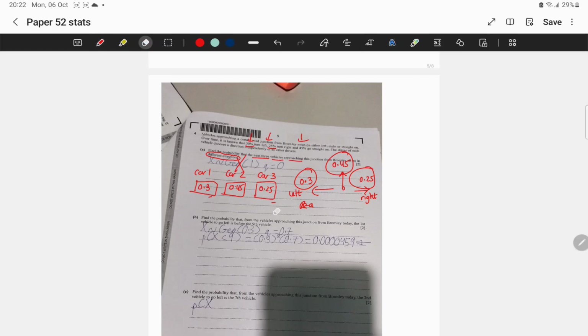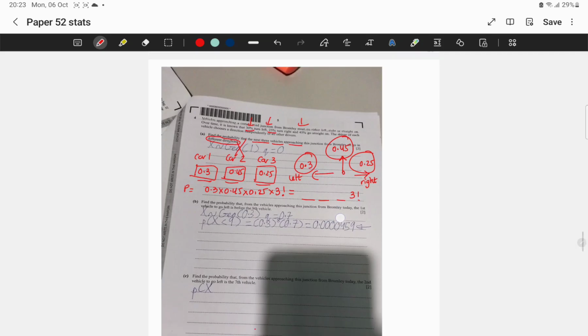This is actually a permutation question, because I'm going to rearrange these. So the probability would be 0.3 times 0.45 times 0.25, because I'm going to arrange them. And how many places do I have? I have 1, 2, 3 places. It will be 3 factorial. So it will be 0.3 times 0.45 times 0.25 times 3 factorial. Then you'll get your answer. This is a simple permutation question with probability.